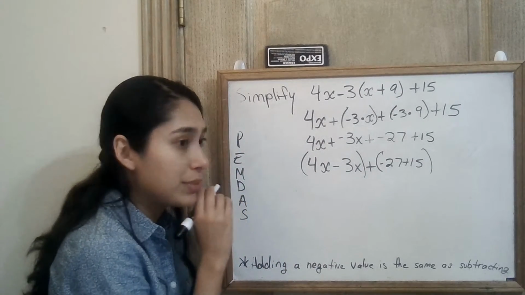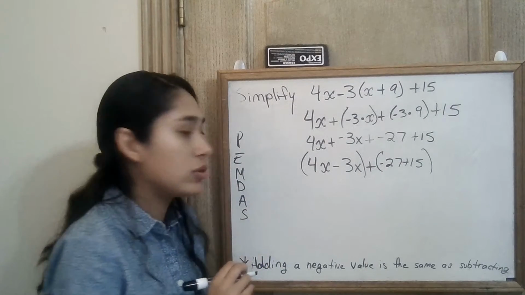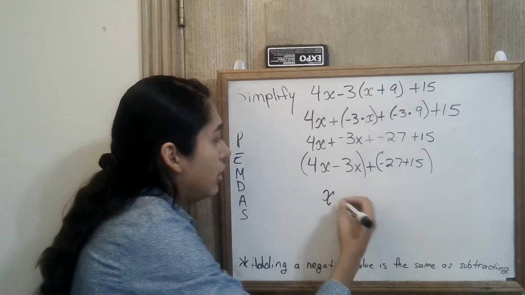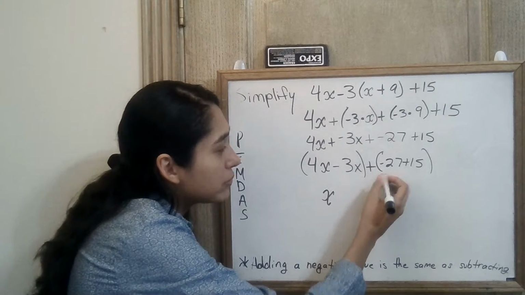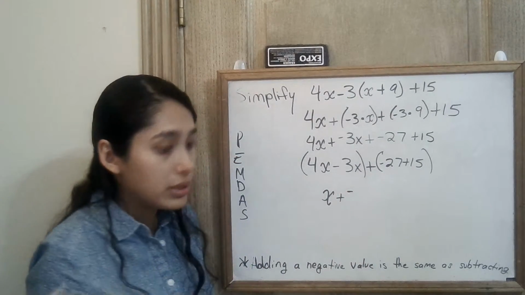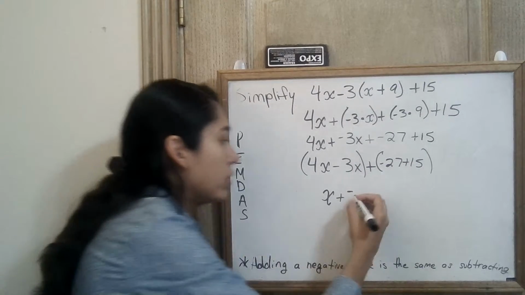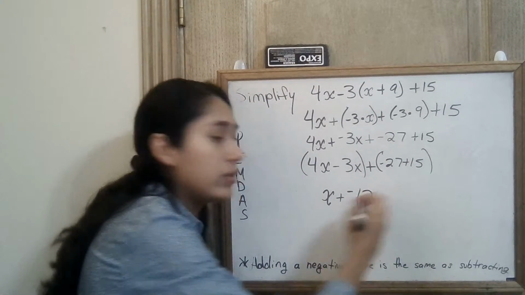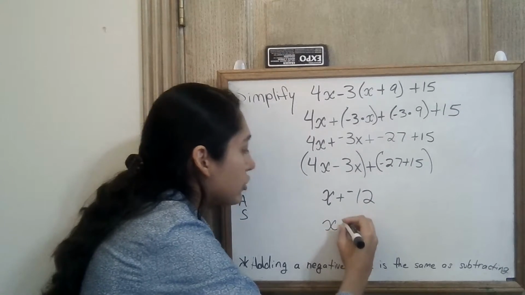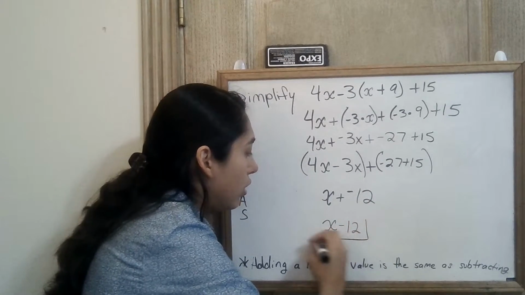So I can then simplify from this. So x minus 3x. Hey, that's just negative 2x. And then this is really a negative number, because negative 27 plus 15 is going to be negative 12. So x plus negative 12, gotta further simplify. My simplified expression is x minus 12.